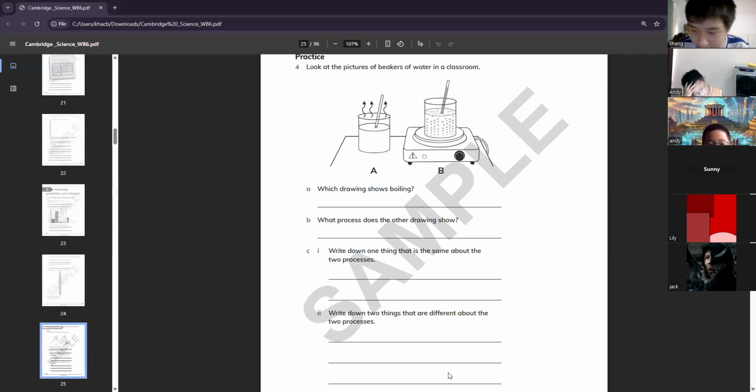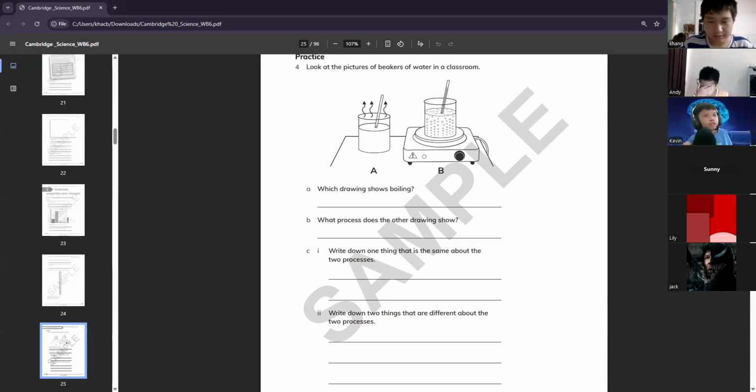Can anybody tell me the difference between these two processes? A doesn't have the bubbles, which means evaporating. B does. A doesn't have a thing under it, like to boil the water. B does have it. A shows arrows that are going up, and that's only a little bit.